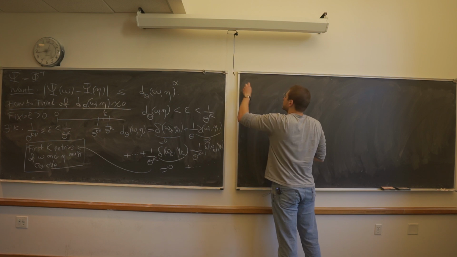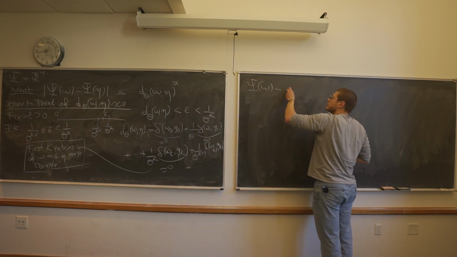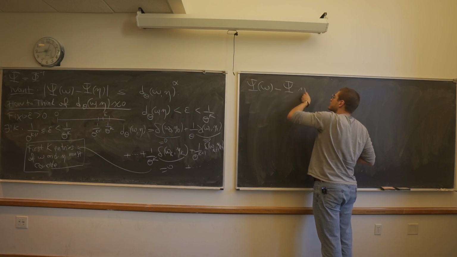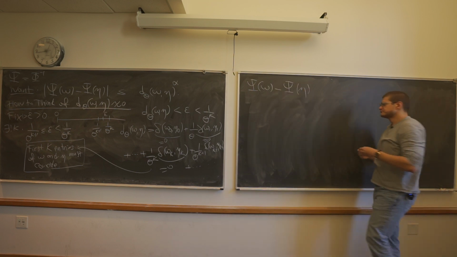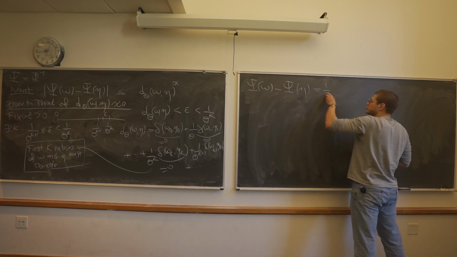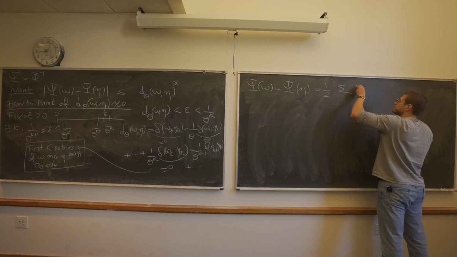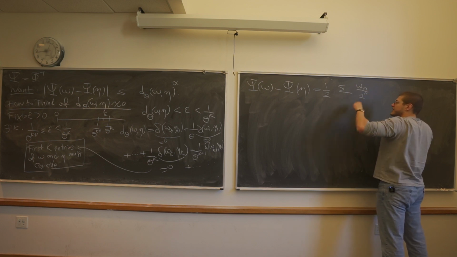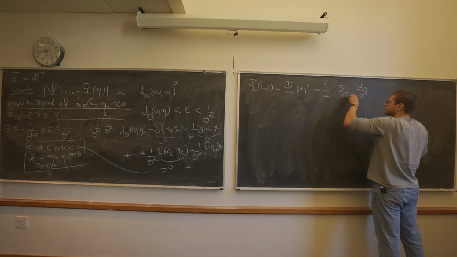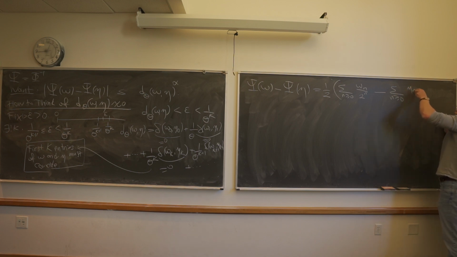By definition, this is 1 over 2, let me abbreviate it like this, omega n divided by 2 to the n, starting from 0, minus the same thing with eta.